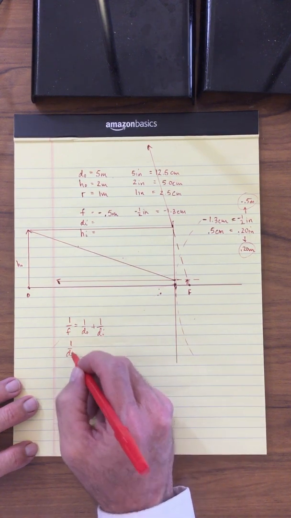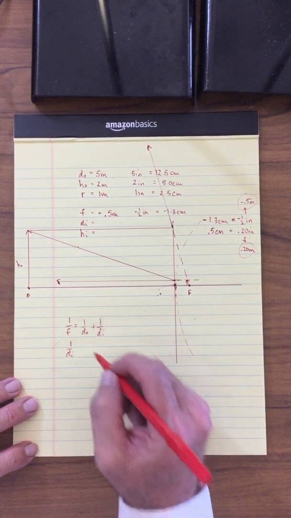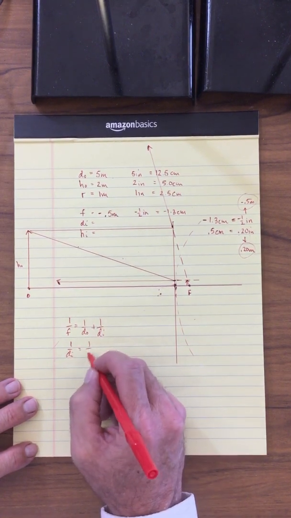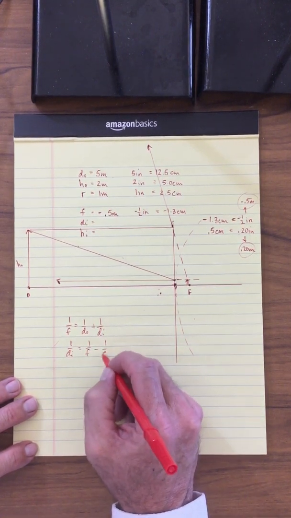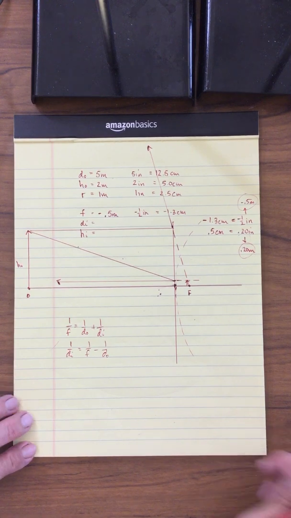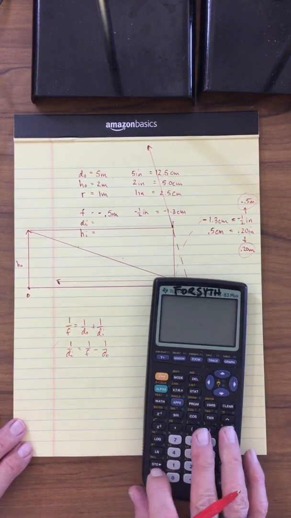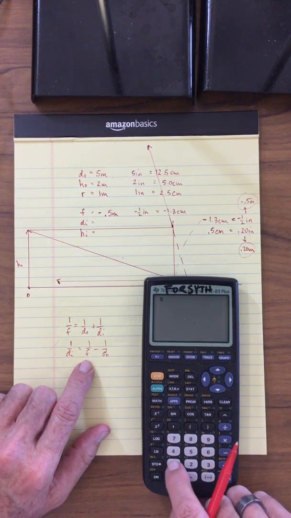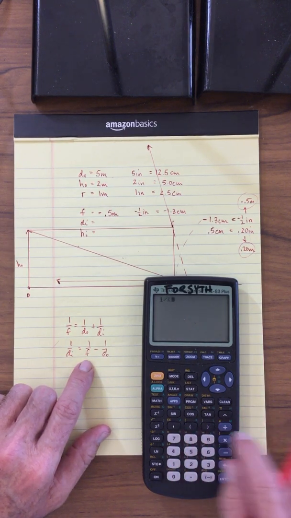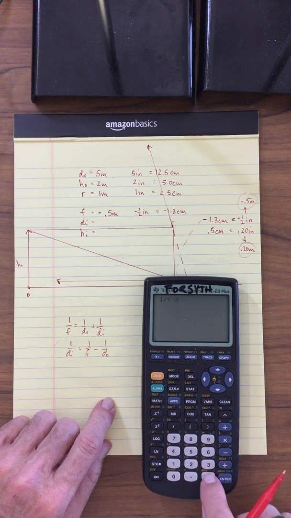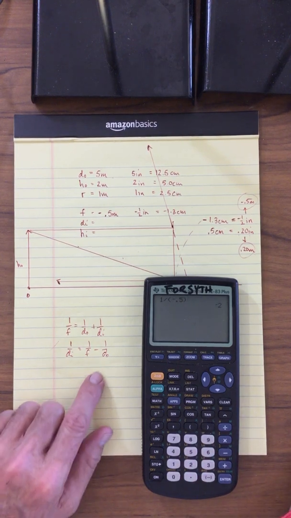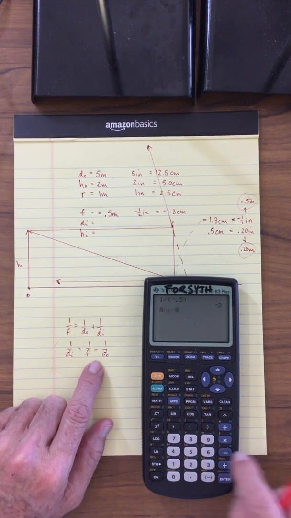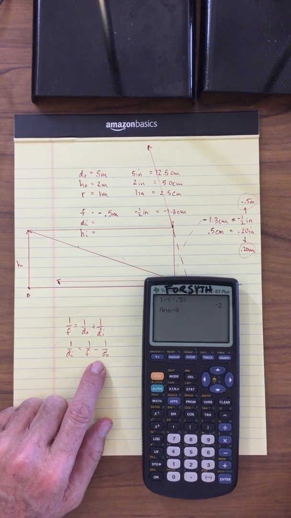So we need to subtract the 1 over DO from both sides, so the inverse of the distance of the image is the inverse of the focal point minus the inverse of the distance of the object. If you get your calculators, 1 divided by my focal point, remember, is negative 0.5, minus the distance of the object.